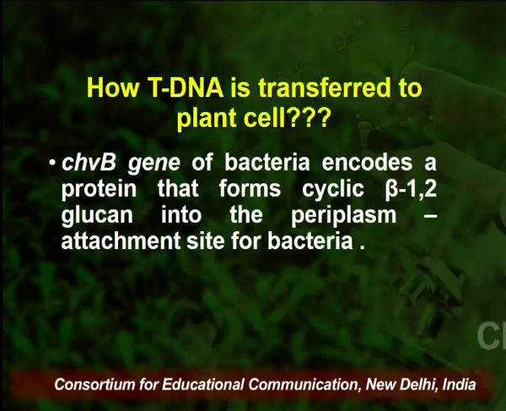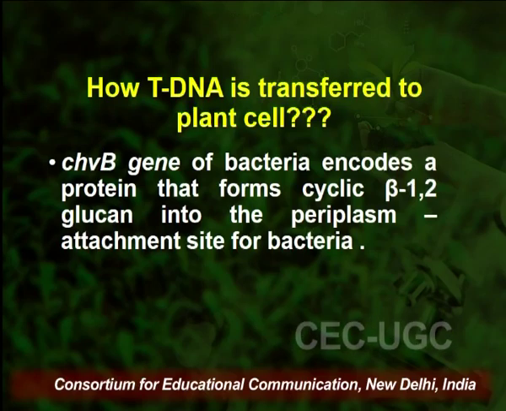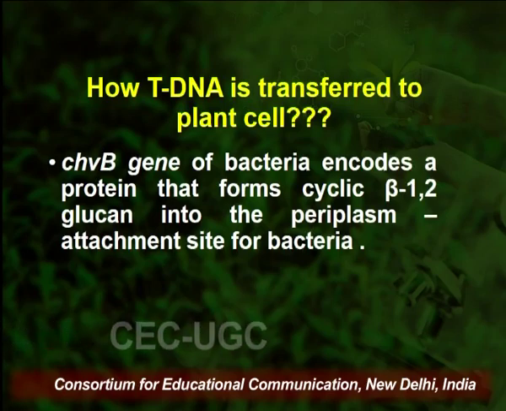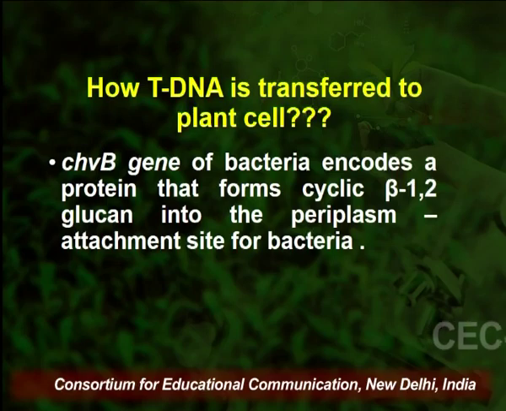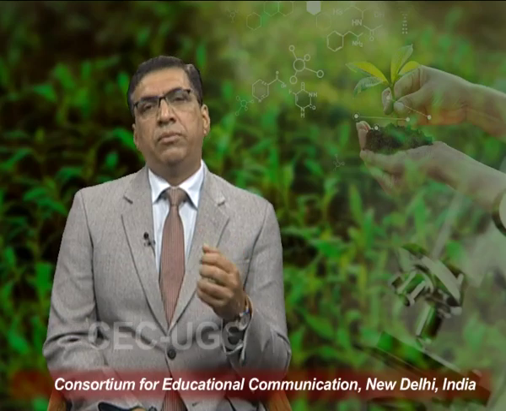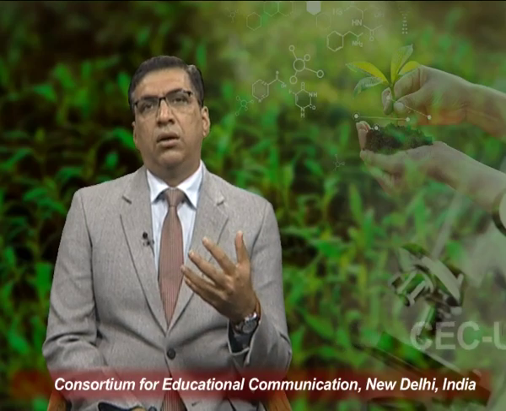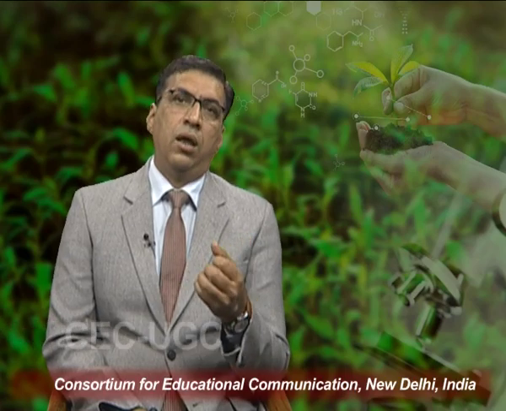Now, the question is how this tDNA is transferred into the plant cell. As I discussed, as soon as the plant is injured, it releases certain phenolic compounds which attract the Rhizobium rhizogenes bacteria. Once it gets attracted towards those phenolic compounds, the chvB genes of the bacteria get activated and start producing a protein that forms the cyclic beta 1,2 glucan compound.